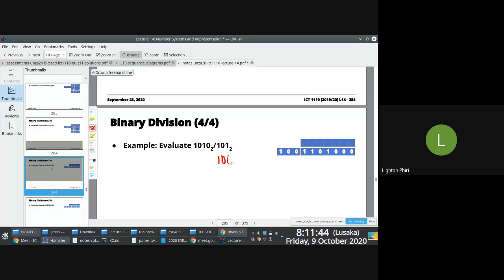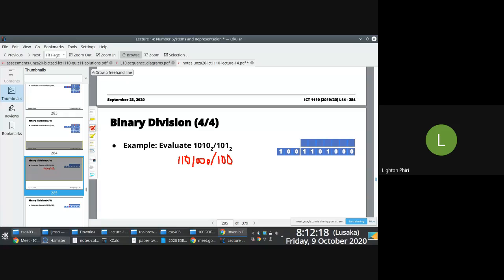There's 2, and then this is supposed to be 1, 1, 0, 1, 0, 0. Actually, 3 zeros. So effectively, what we're saying here is we want to divide.